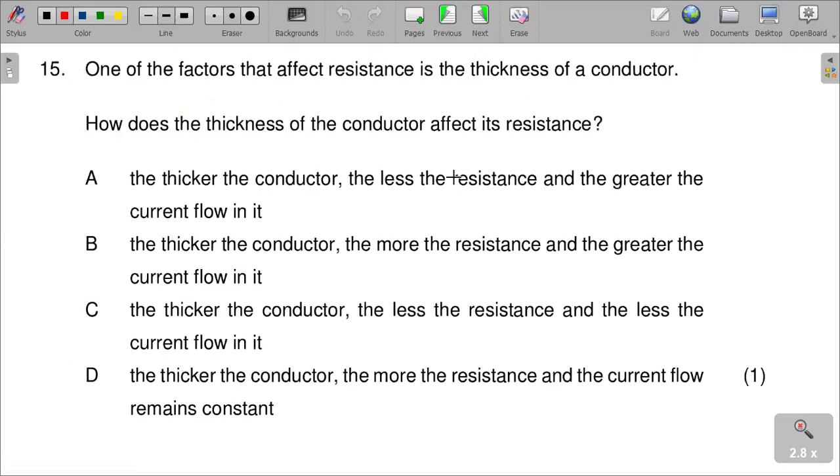One of the factors that affect resistance is the thickness of a conductor. How does the thickness of the conductor affect its resistance?